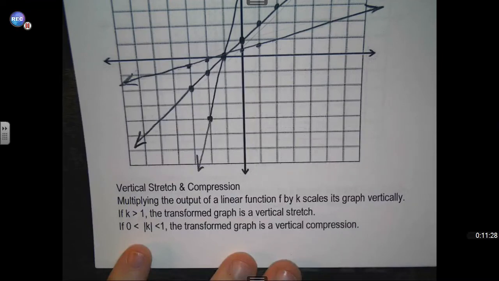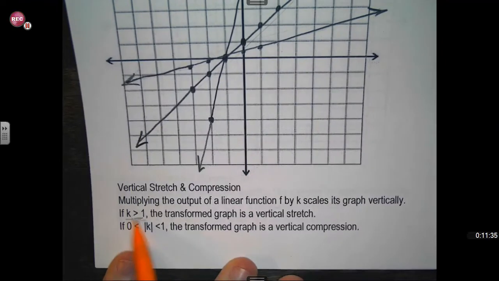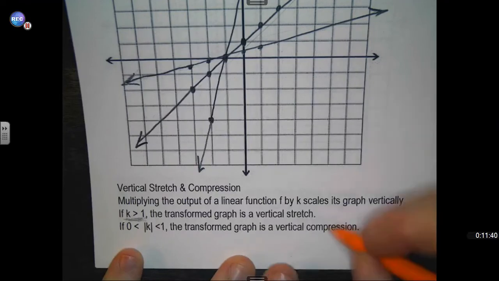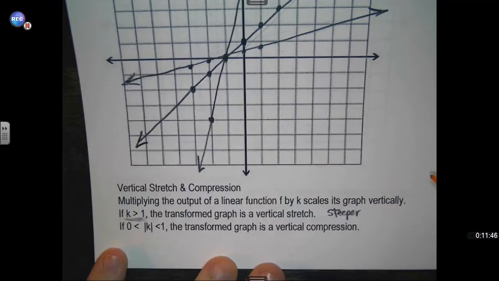If k is greater than 1, if the slope is greater than 1, then the transformation is a vertical stretch. It's going to make it steeper. Okay, and if k is less than 1, it's a vertical compression. It's going to make the graph flatter.